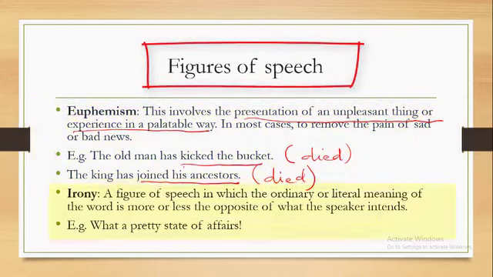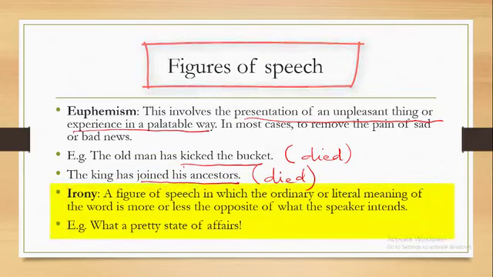Then we have irony. Irony is a literary device that gives the opposite in meaning of the original intention of the speaker. So when you have something in mind and you say otherwise, the opposite of what you intend saying, we call that irony.